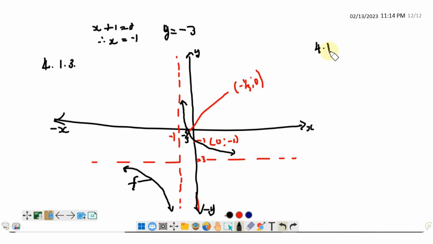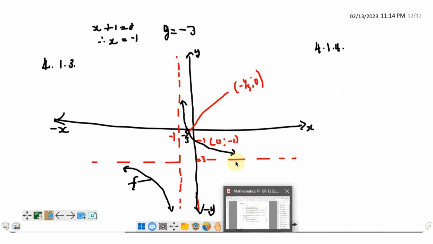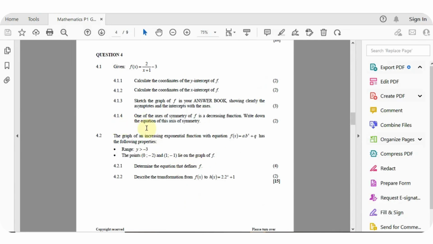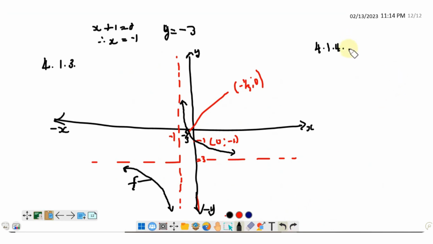Then there's 4.1.4. They say one of the axes of symmetry of f is decreasing. Write down the equation of the axis of symmetry. So if it's decreasing, what are they telling us? They are telling us that y equals negative x plus c.